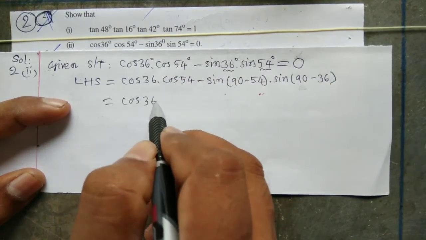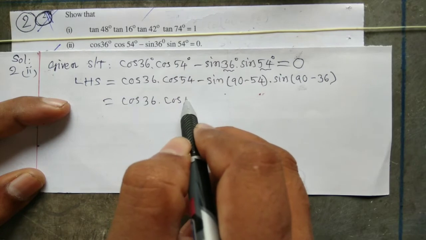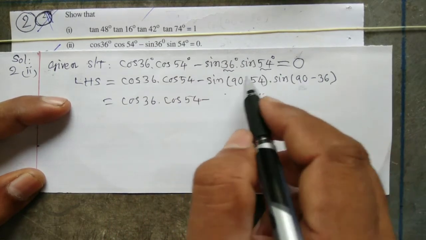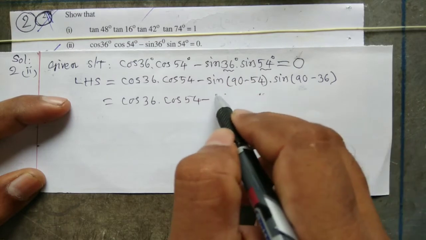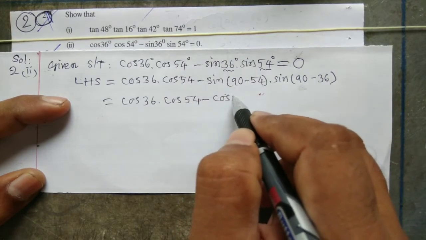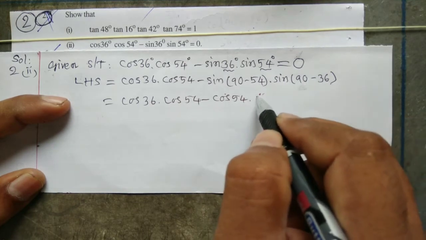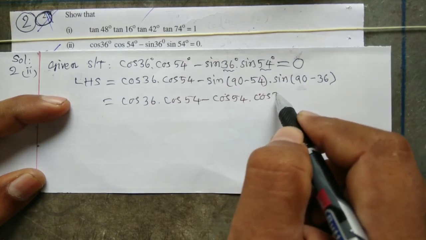Cos 36 cos 54, sin 90 minus theta: sin 90 minus 54 is equal to cos 54, sin 90 minus 36 is equal to cos 36.